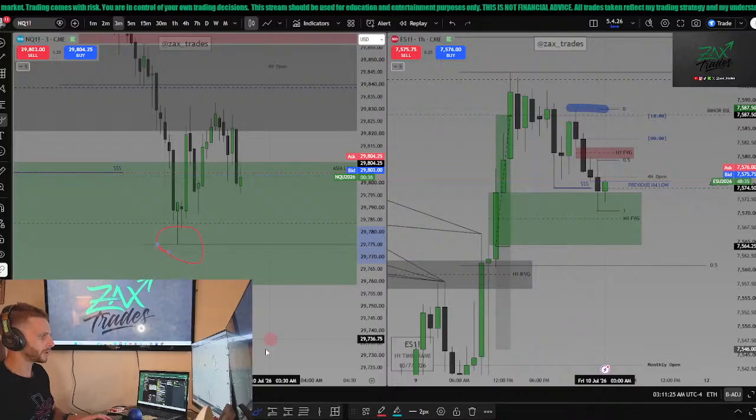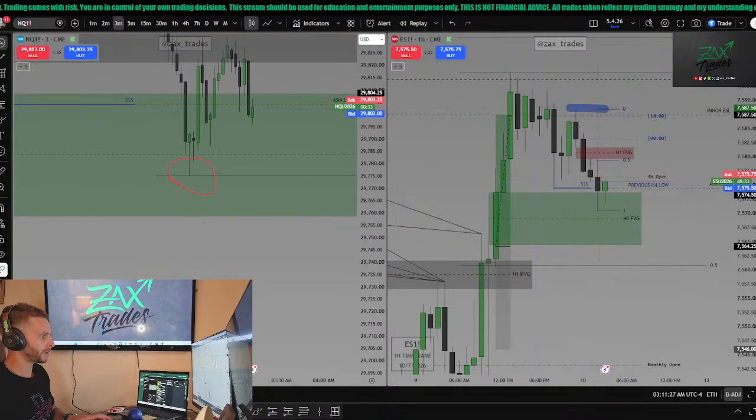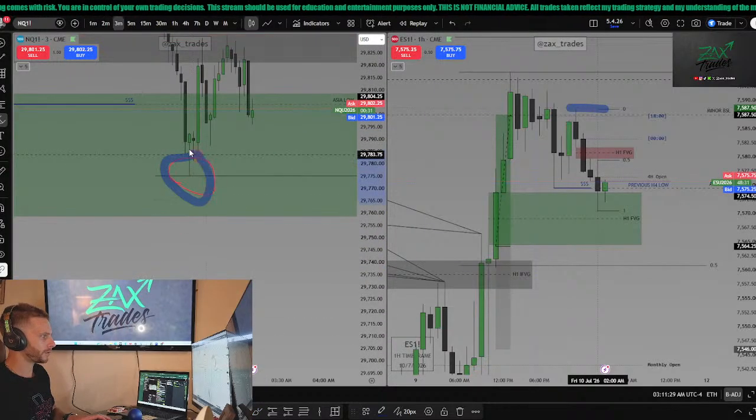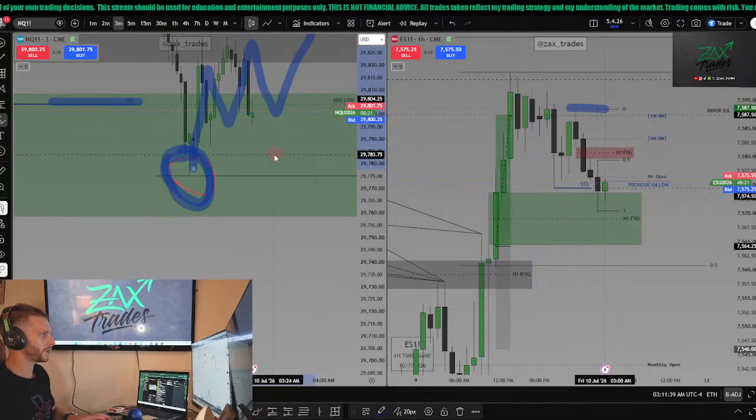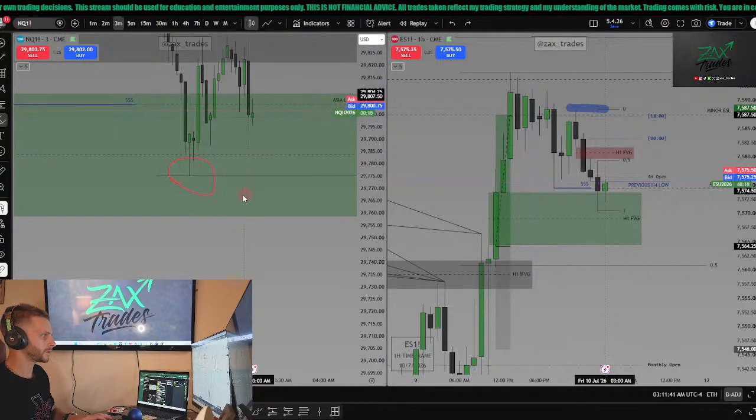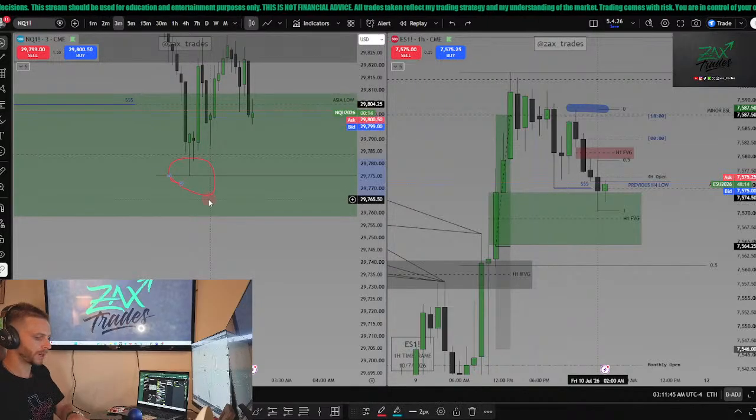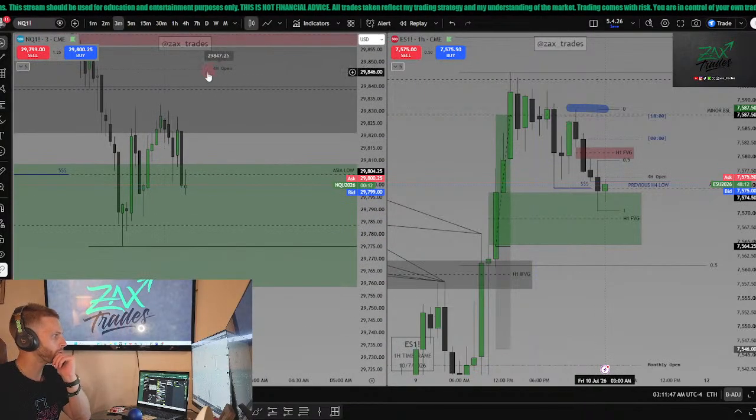If this is truly going to be our 4-hour low, sweeping liquidity, put in the 4-hour candle low, I would really like to see some really clean PA going back to that 4-hour open.